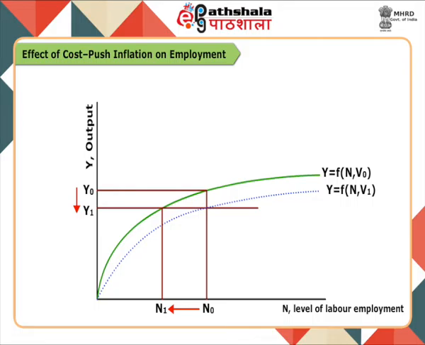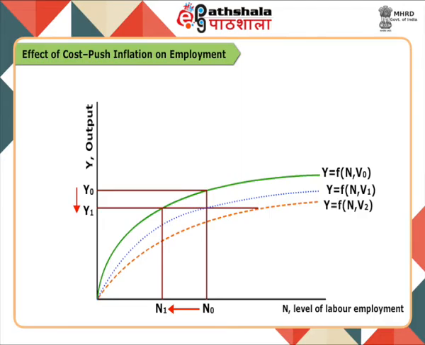In above diagram, the substitution effect is so large that production function shifts from Y is equal to function of N, V0 to Y is equal to function of N, V2. In this production function, V2 represents other factor inputs except labor, which once again is at fixed level and less than both V0 and V1.